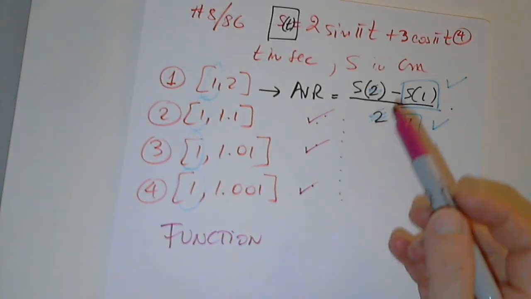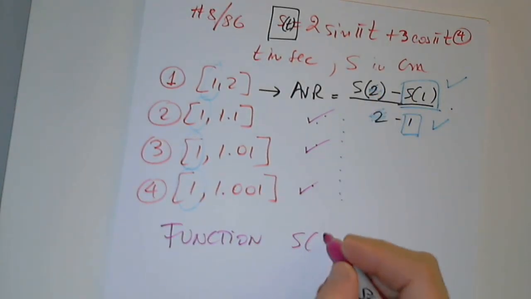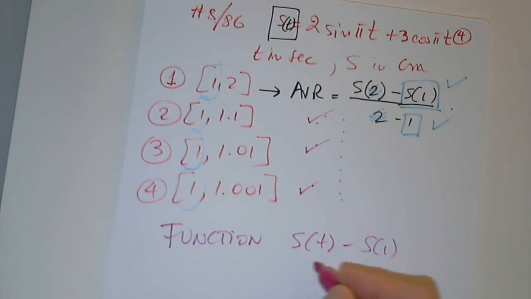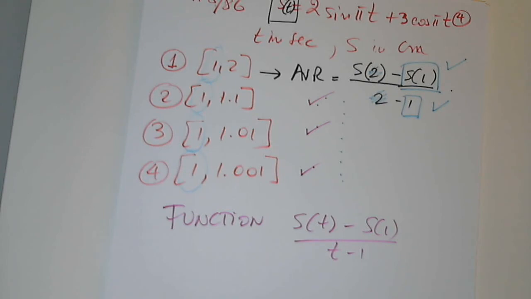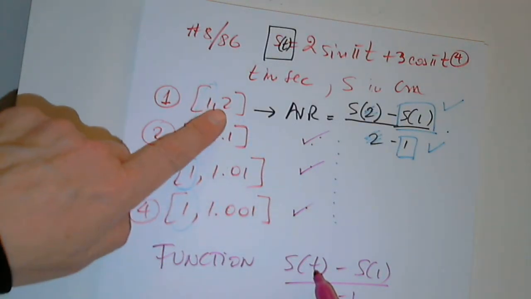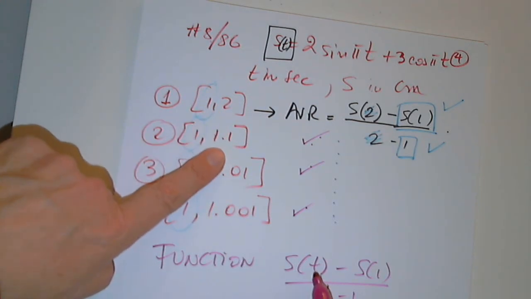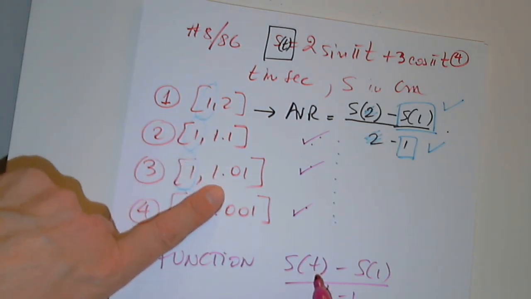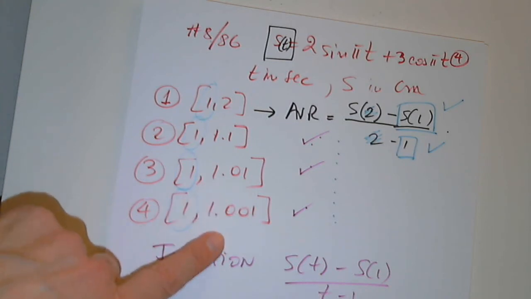I will create a function that has s of t minus s of 1 over t minus 1. Once I plug this function in, I will plug in for t 2. And then I will plug in for t 1.1, 1.01, and I will plug in finally 1.001.